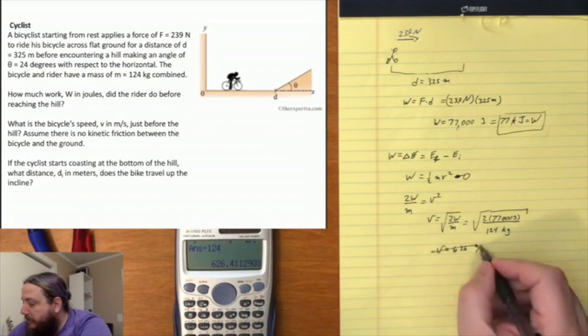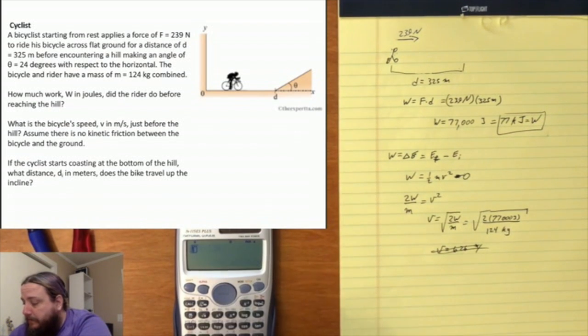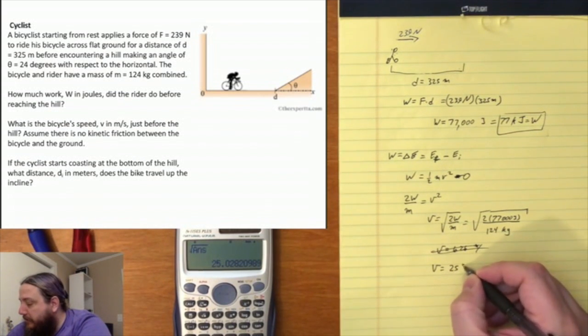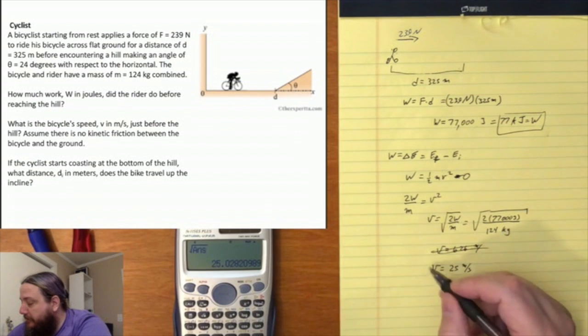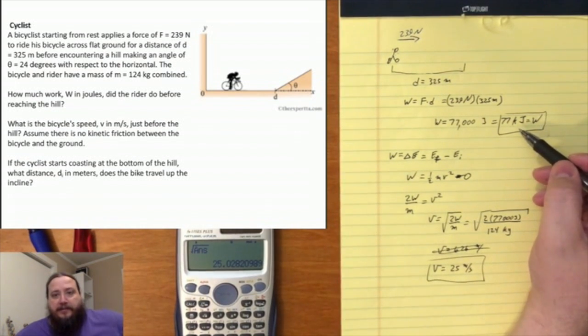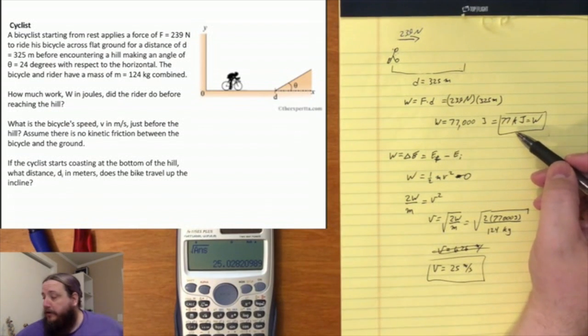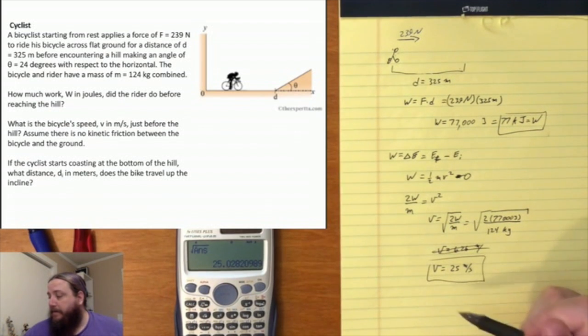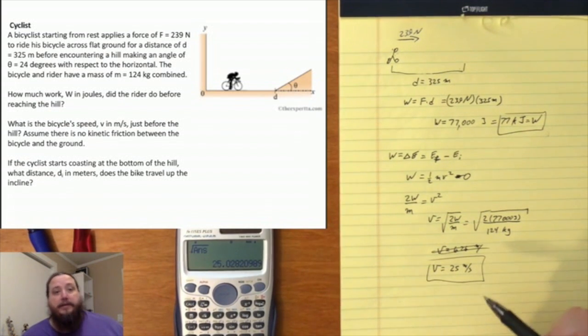Nope, forgot to take a square root. Speed is 25 meters per second. 600 meters per second would have been an awful lot of speed for a bicycle. All right, 25 meters per second. That's a believable speed for a bicycle. So the bicyclist did 77 kilojoules worth of work. Starting from rest, that brought him to a kinetic energy that gave him a speed of 25 meters per second.